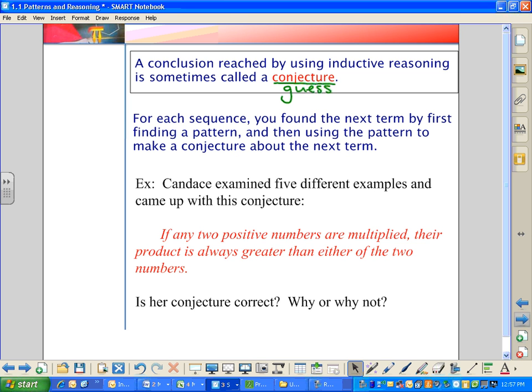Candace examined 5 different examples, and then she came up with this conjecture. She said, if any 2 positive numbers are multiplied, then their product is always greater than either of the 2 numbers. Remember what product means. Product means multiply.